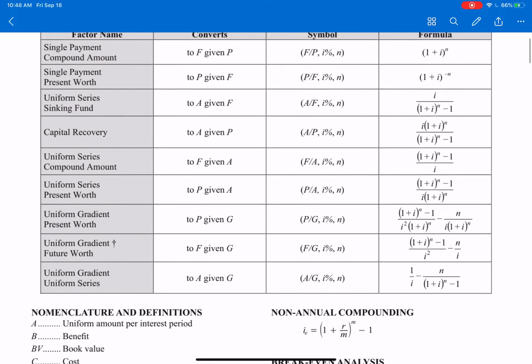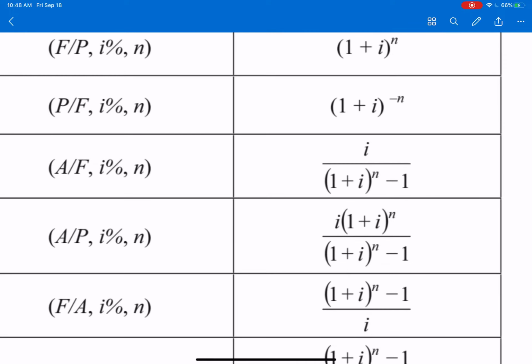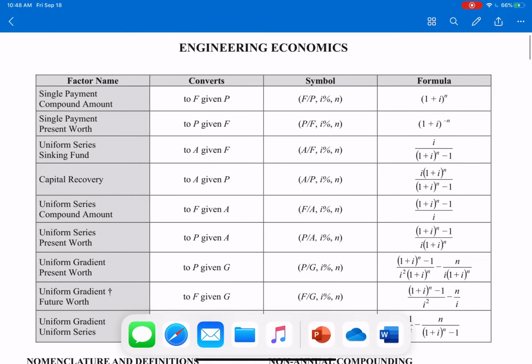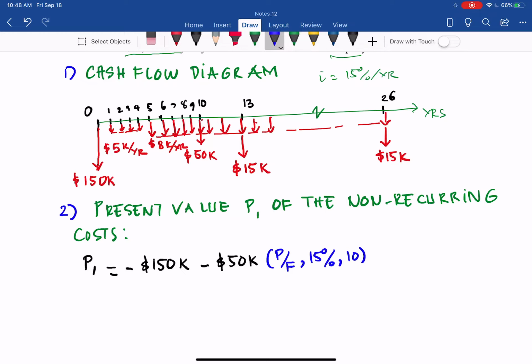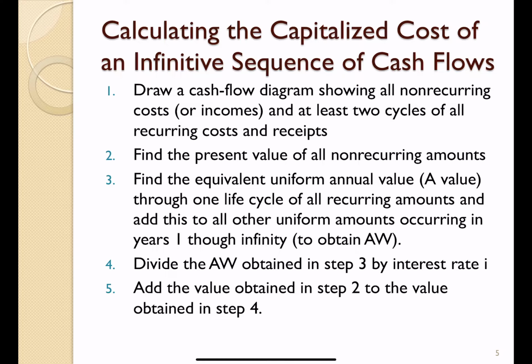Then you can go to the equation P over F, (1 plus i) to the negative n, so that you can get the answer. By now you can find that it's 0.1628, equations. So with that we have negative 162,360.